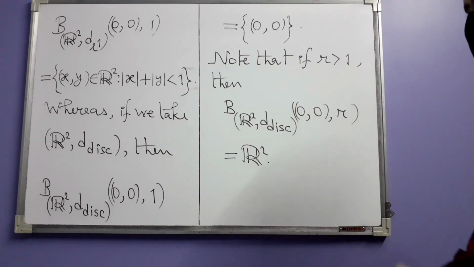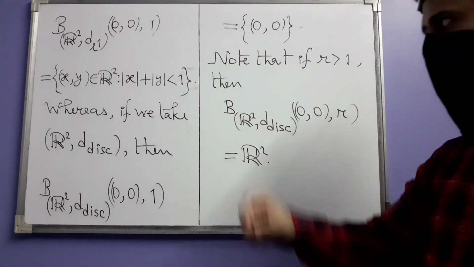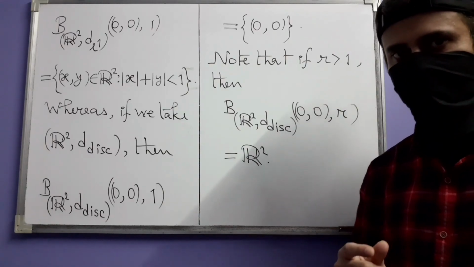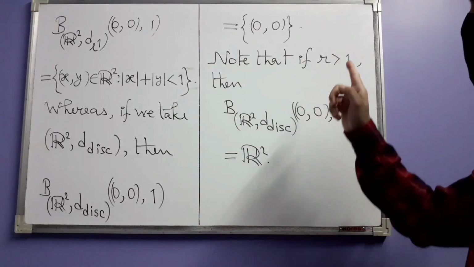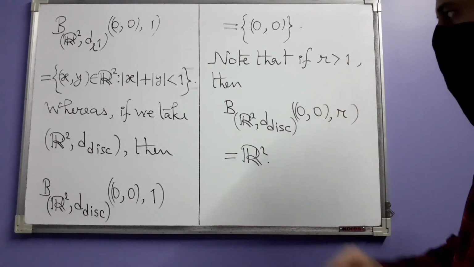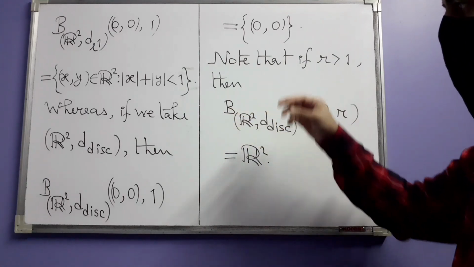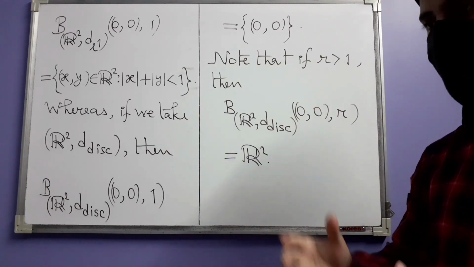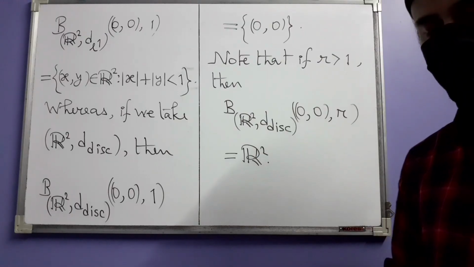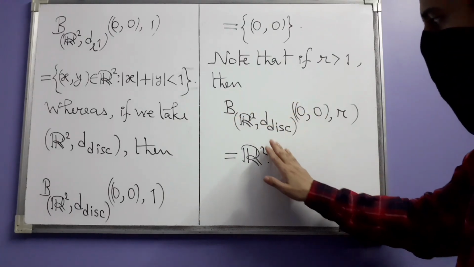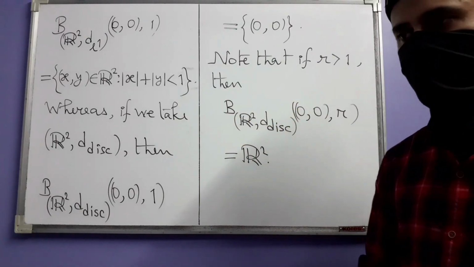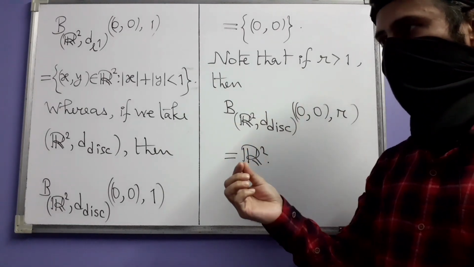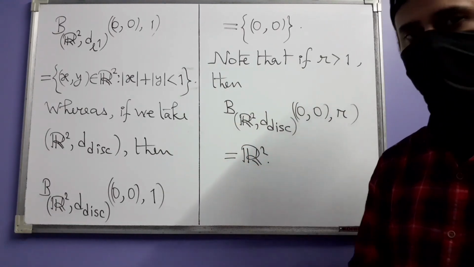But what about the other points? Any other point you take in the plane, its discrete distance from the point 0, 0 is equal to 1, and 1 is less than r. So by the definition of this ball, any other point will also lie inside this ball. So everything lies inside this ball. In other words, this ball is the entire plane. So it's an extreme case. Either the ball is a single point or the entire space.